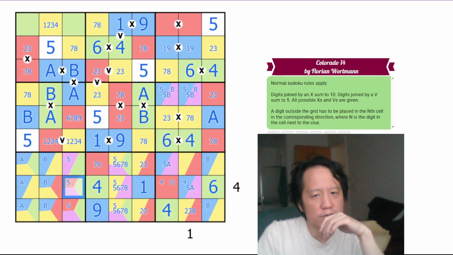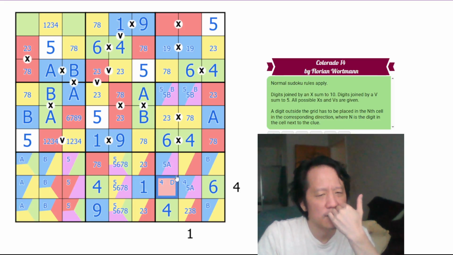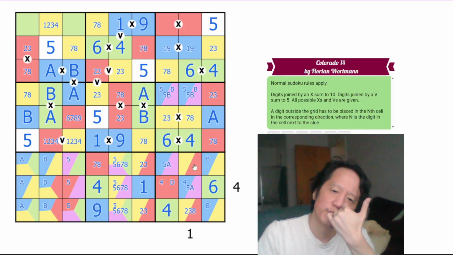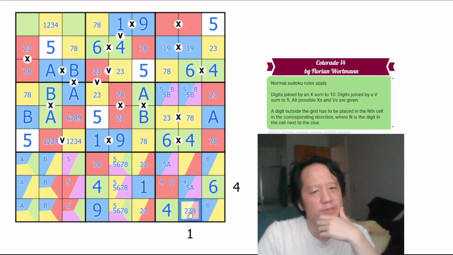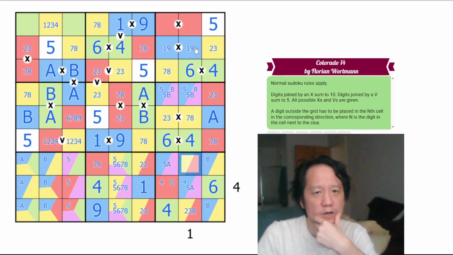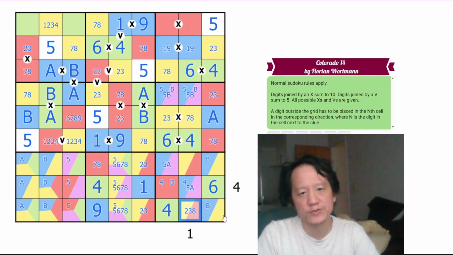This can't be green. It cannot be 3. Because if this were 3, the problem is this would have to be a 1. And 1 is already blue. We know that for certain.